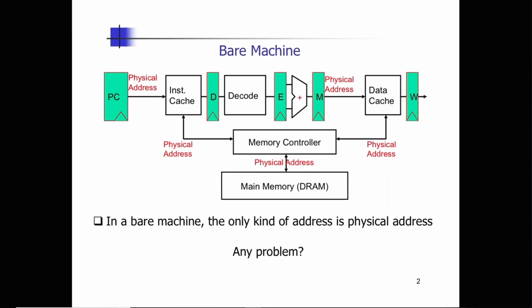And all these green rectangles are the inter-stage pipelining buffers. So that's for the decode, execute, memory, and write back.